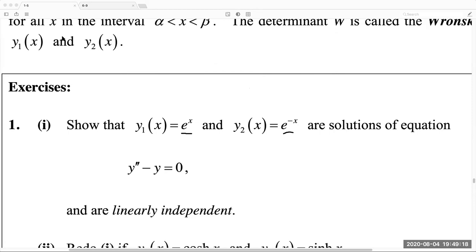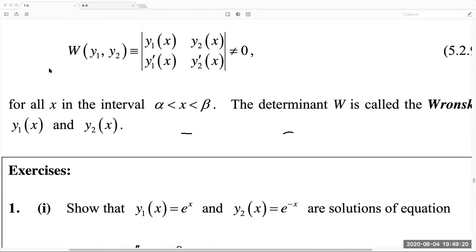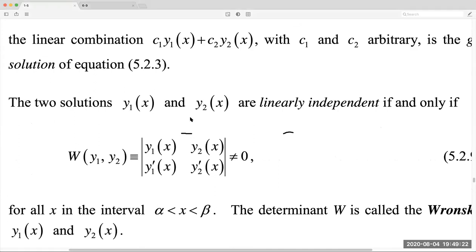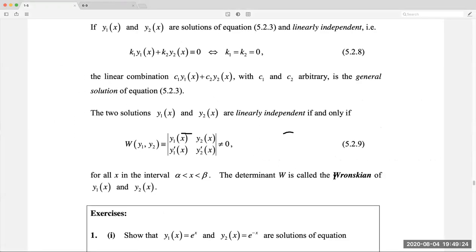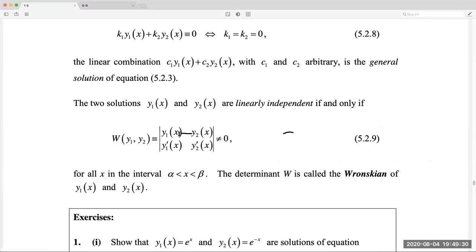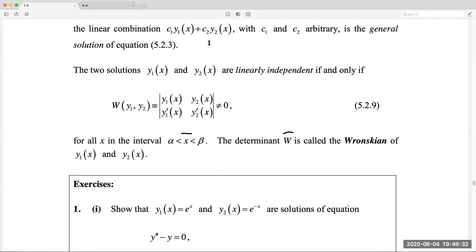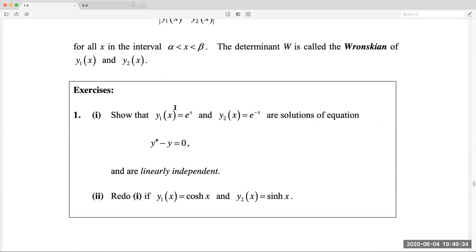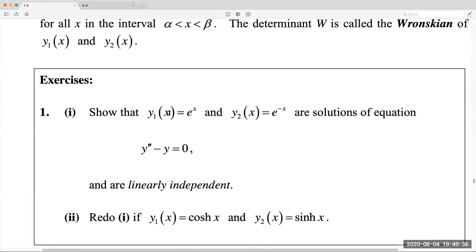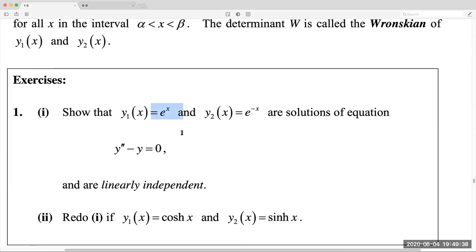In mathematics, you use a Wronskian to show that these two are linearly independent. You can look at the proof later on. I think it's not difficult to show these two are solutions of the equation.